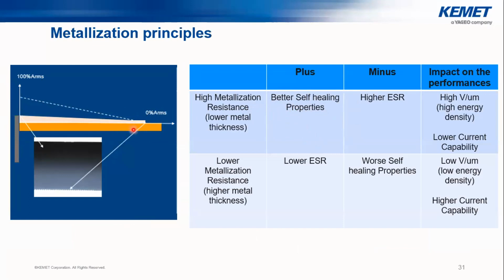These parts have better self-healing, but higher ESR and lower current capability. The thick parts have lower metallization resistance, lower ESR, and a high current capability, but worse self-healing. With a combination of both, we are able to provide the performance you need for your application.